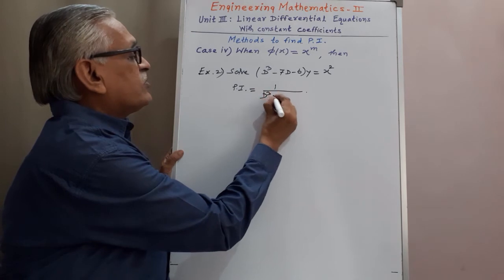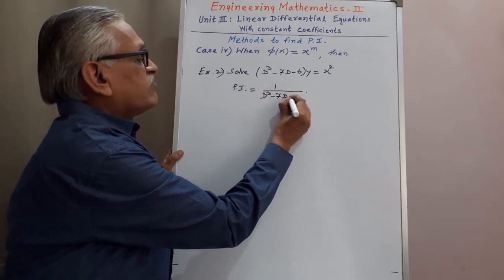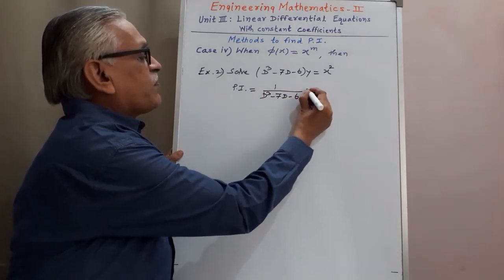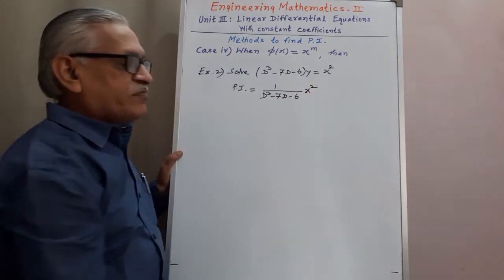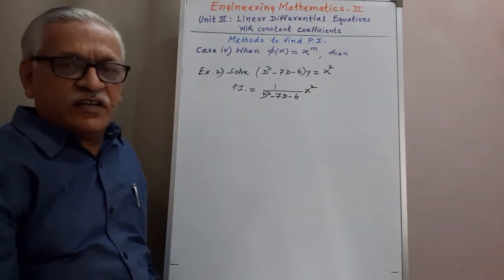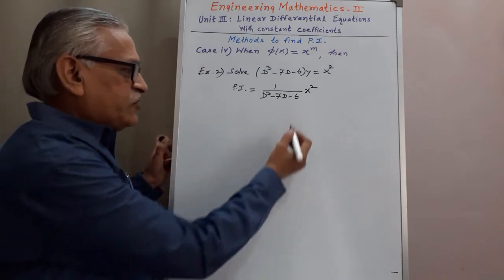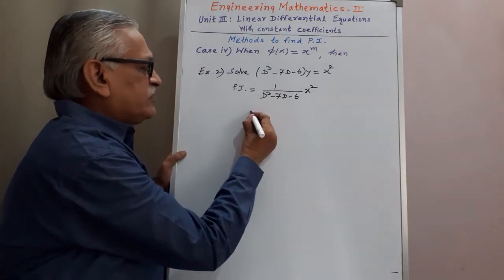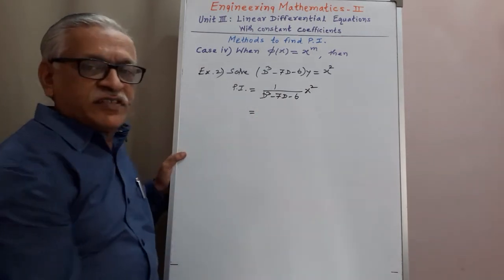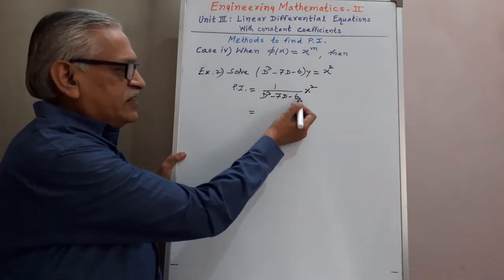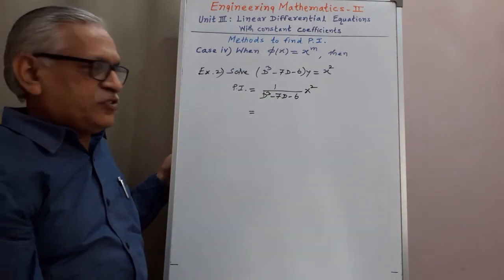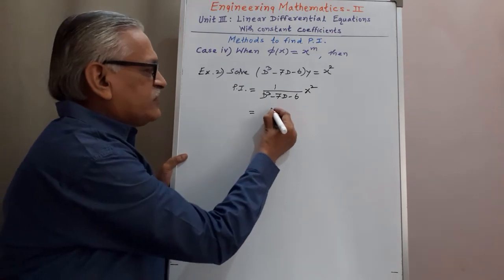D cube minus 7D minus 6, which we have to operate on x square. Then as per the rule, we have to take the lowest degree term as a common term. Therefore, the degree of the first one is 3, the degree of the second one is 1, and the degree of the last term is 0. And therefore, this is the lowest degree term.